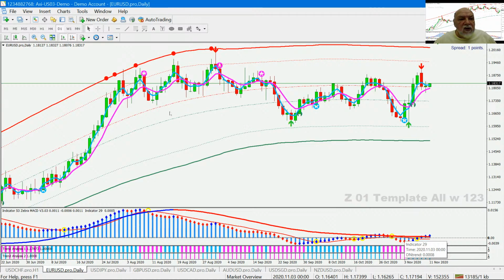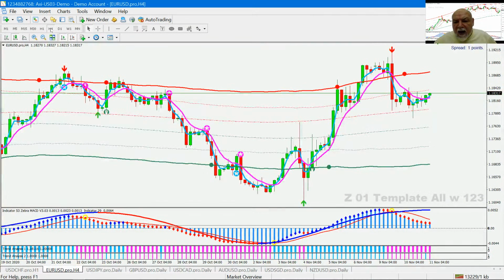All right. So let's go ahead and see if there might be something that could give us a clue. We'll go to the 4-hour chart here. Now on the 4-hour chart, you can see that we still have mixed signals. We did get the MACD dropping below the signal line, but the MACD is still above zero.